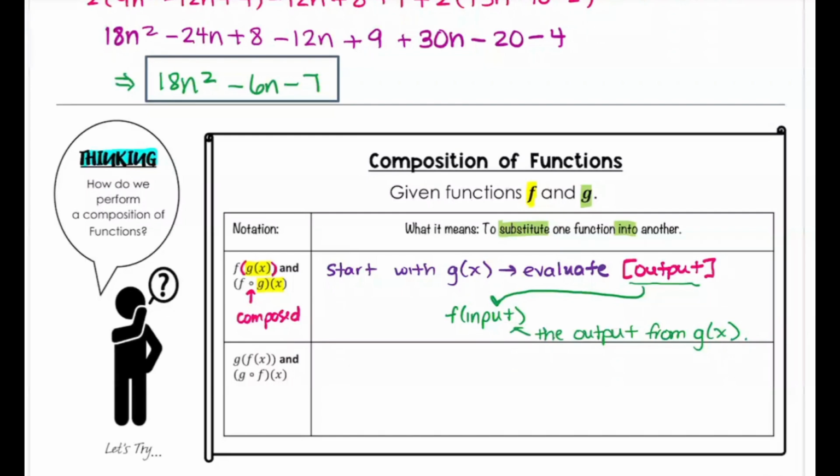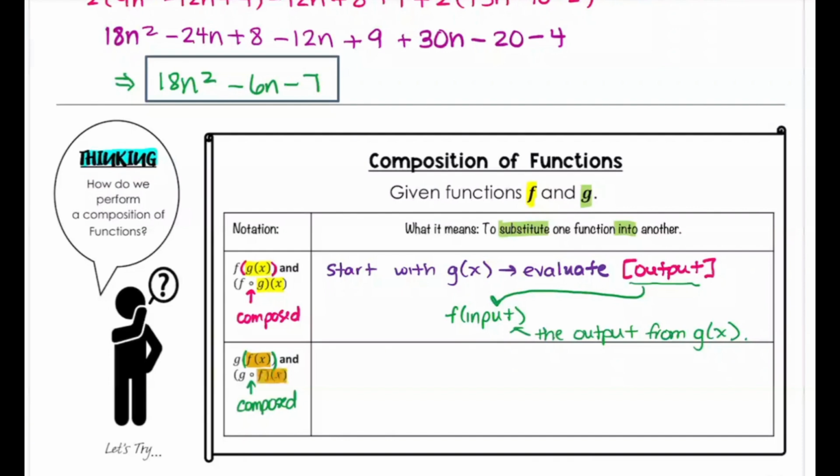So the second one, very similar but slightly different. We have g, parentheses, inner function would be f of x, so g composed of f of x. Or we have g, this open circle, which again means composed of f of x. As we said, what you are going to be working with is the innermost function or the function that is closest to the input.